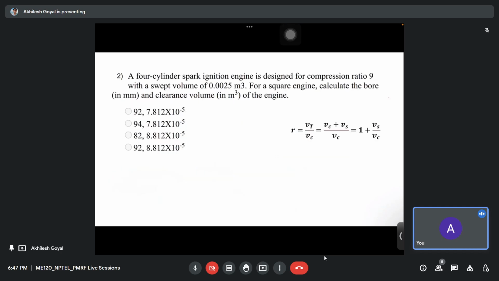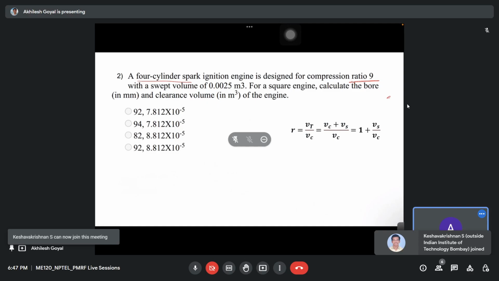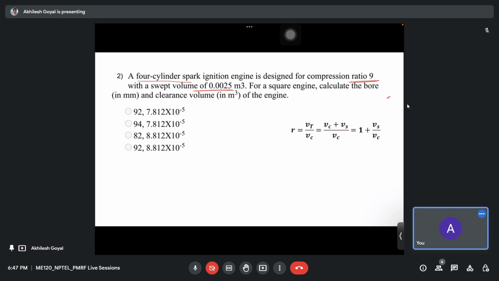So here is the next question. A four cylinder spark ignition engine is designed for a compression ratio of 9, and the swept volume is given as this. For a square engine, calculate the bore diameter and clearance volume of the engine.